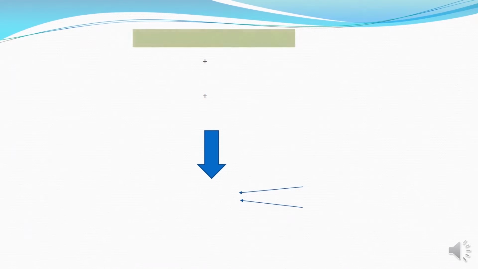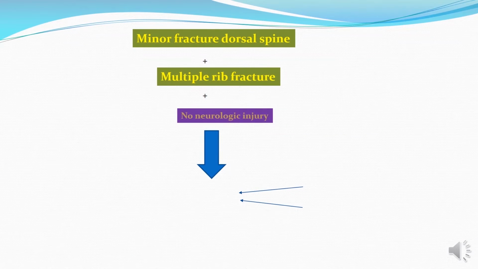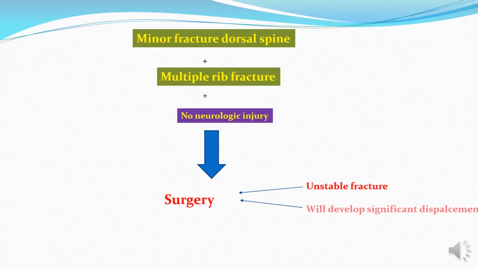The example is, if there is a minor fracture of the dorsal spine and there are multiple rib fractures and there is no neurological injury, the decision will be surgery. Why? Because it is an unstable fracture, because the rib cage was broken, and he will develop significant deformity.